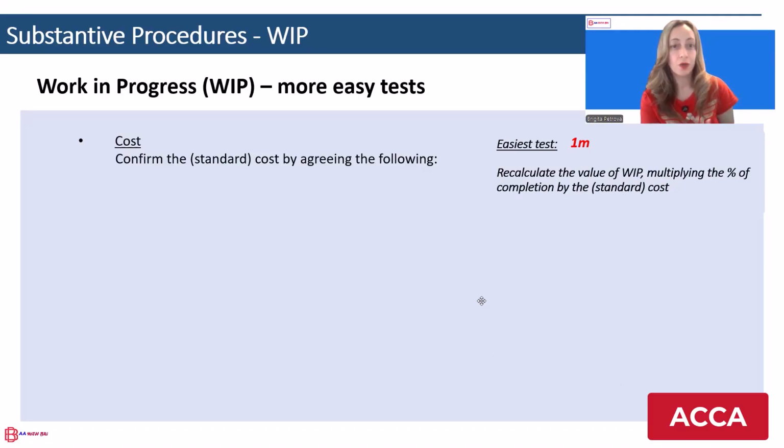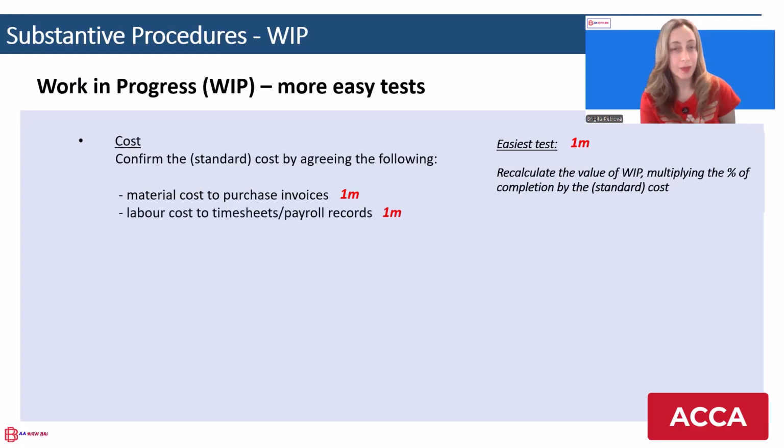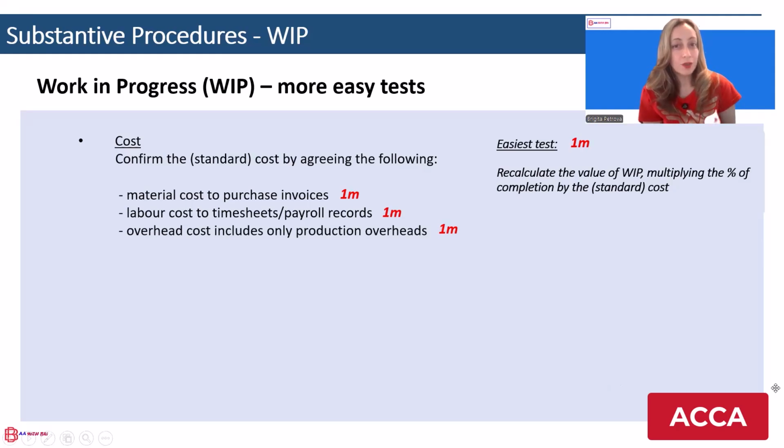To confirm the cost of the materials, we will need to agree that cost to the purchase invoices. To confirm the cost of the labor, we will need to confirm that to either the payroll records or the timesheets. And to confirm the overhead cost that is used, we need to confirm that only indirect costs which relate to production have been used in the calculation.